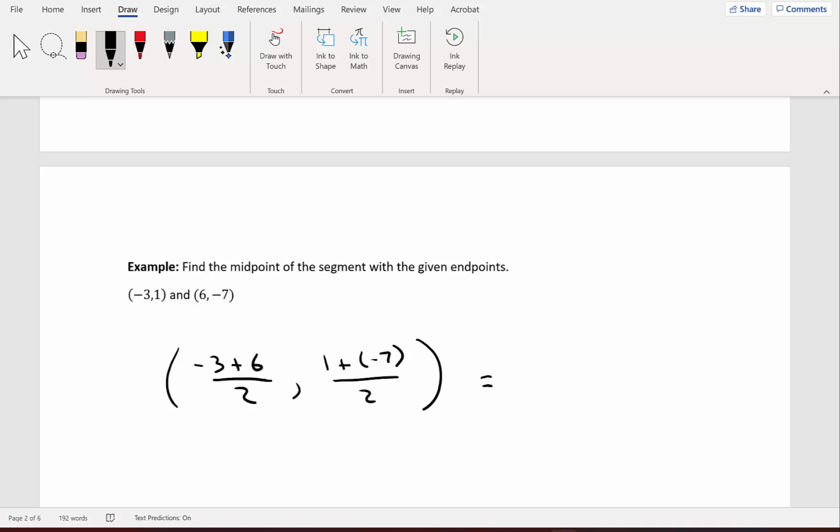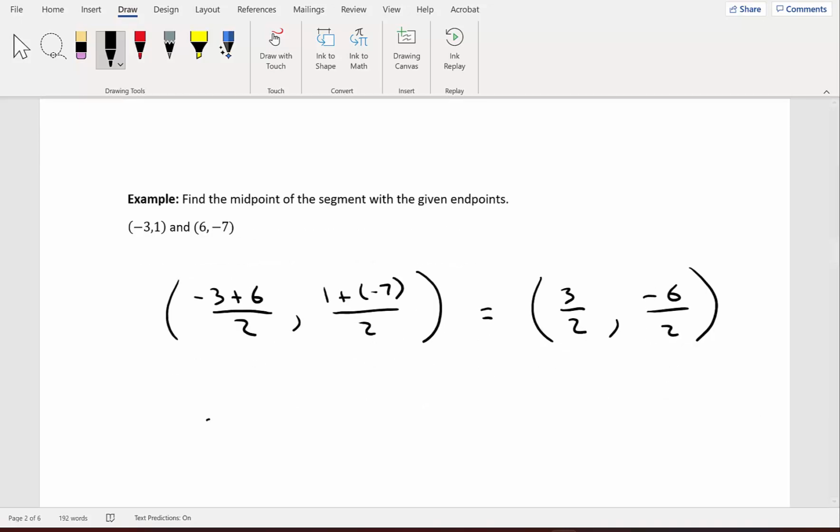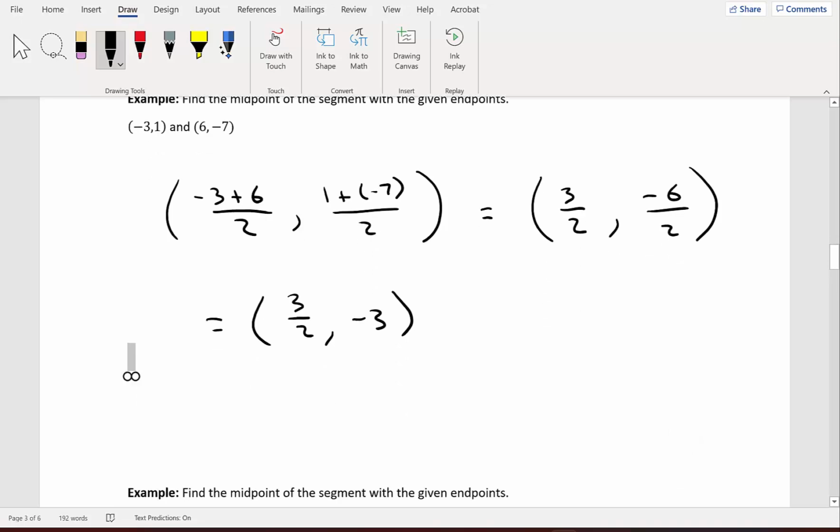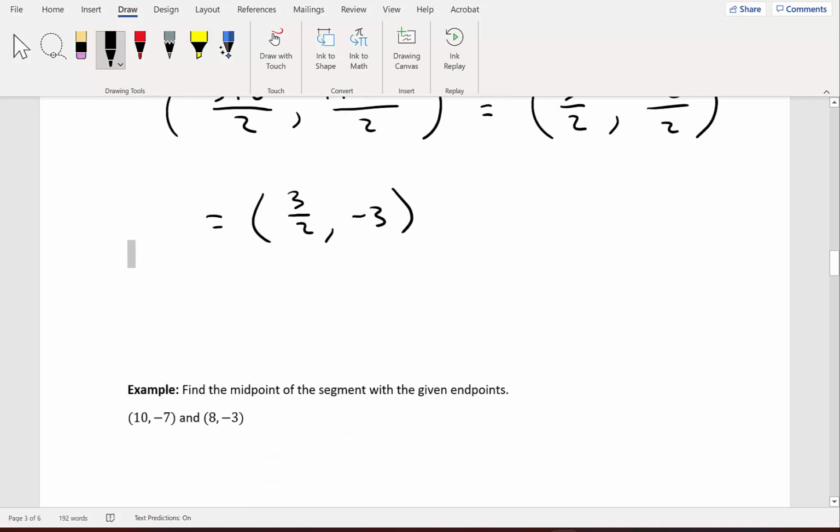So negative 3 plus 6 gives me 3, so I have 3 over 2. And then my y coordinate, 1 plus negative 7, this gives me negative 6, and I have over 2. Simplifying a little bit more, so we get 3 over 2, comma, and then negative 6 divided by 2 gives me negative 3. And now I found the midpoint of that line segment with the given endpoints.